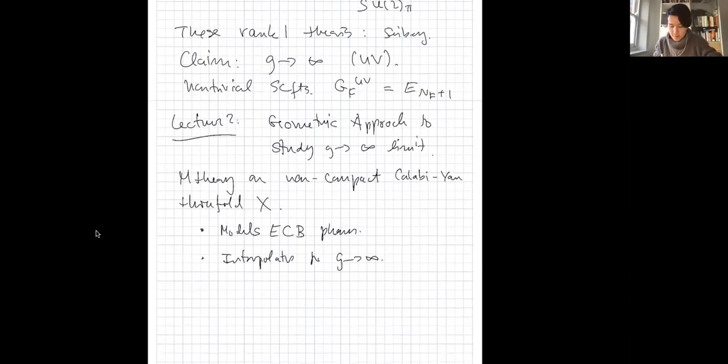Okay, so that's the key. Yeah, so it tells us how to connect to this nice gauge theory story that we just learned in lecture 1, but it also gives us access to that.